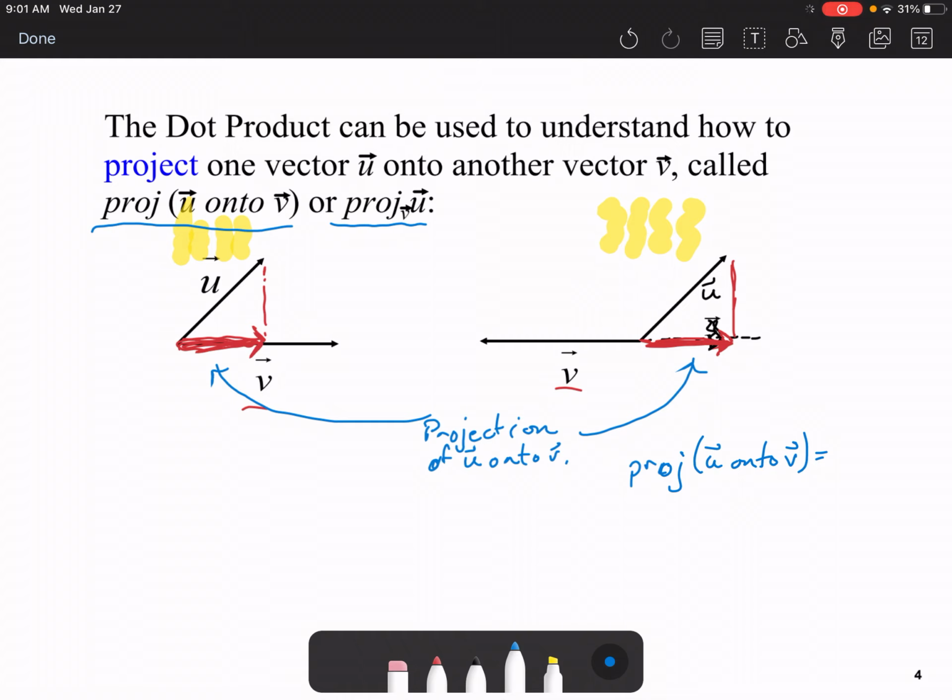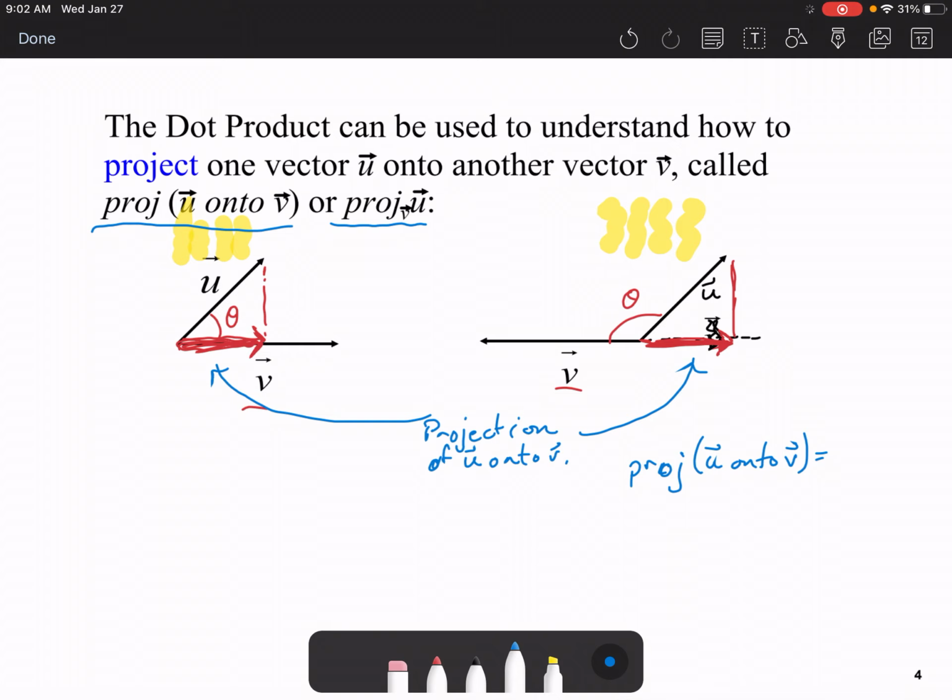Well, notice that it's in the same direction as the vector v. The only thing is, the angle theta is either acute or obtuse. And if it's obtuse, we know that the direction actually turns out to be a negative value.